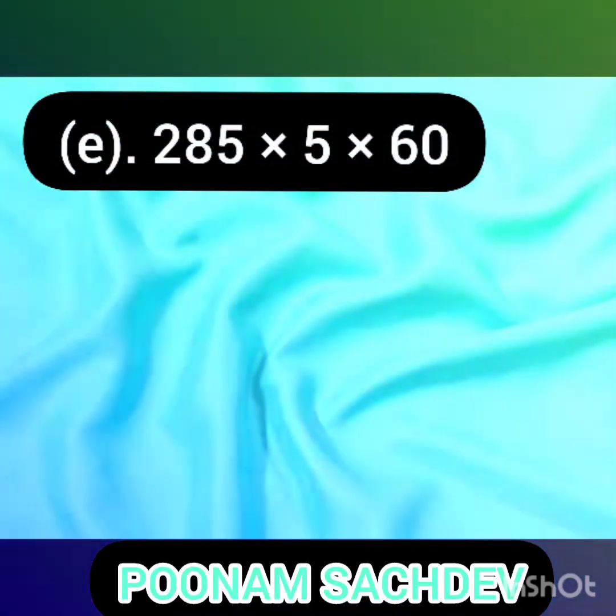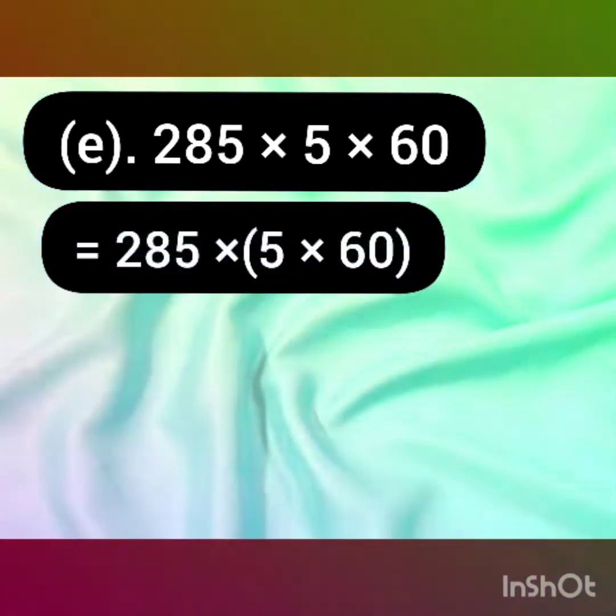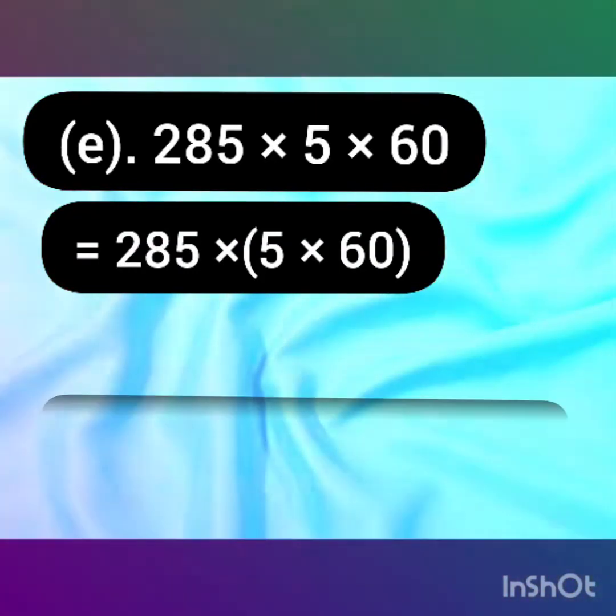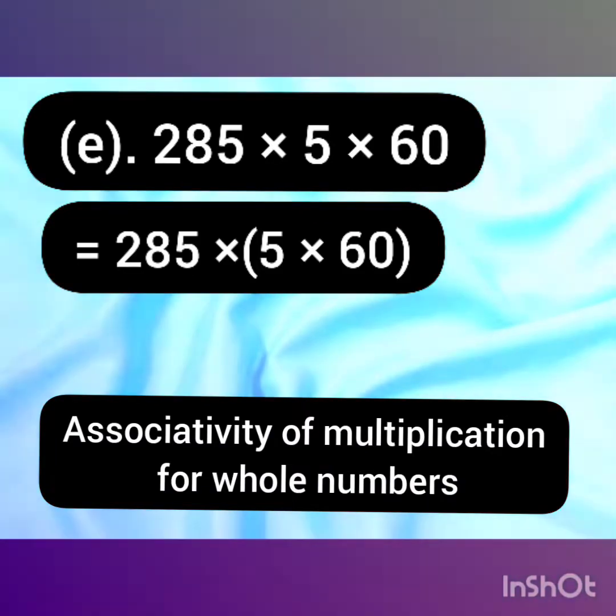Now E. 285 into 5 into 60. So let's make a group of 5 into 60. This property is known as associativity of multiplication for whole numbers.